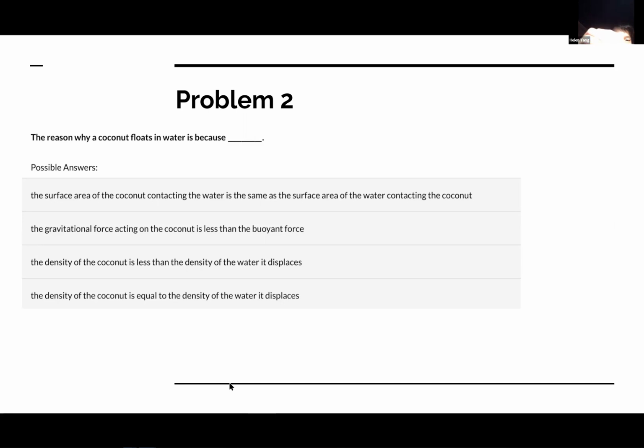Okay, so for this question, it says the reason why coconut floats in water is because, if it's in water and there's a coconut right here, the only forces acting on it are the weight and the buoyant force.